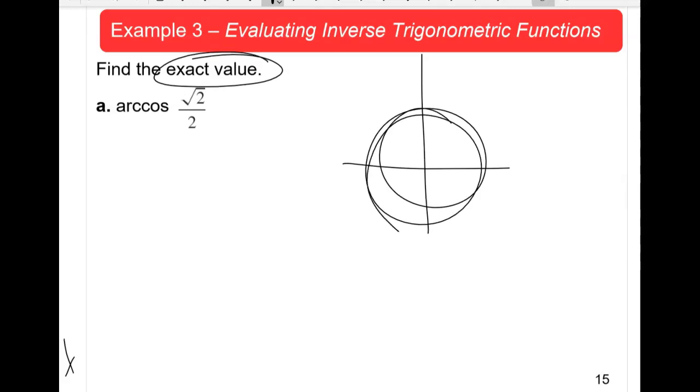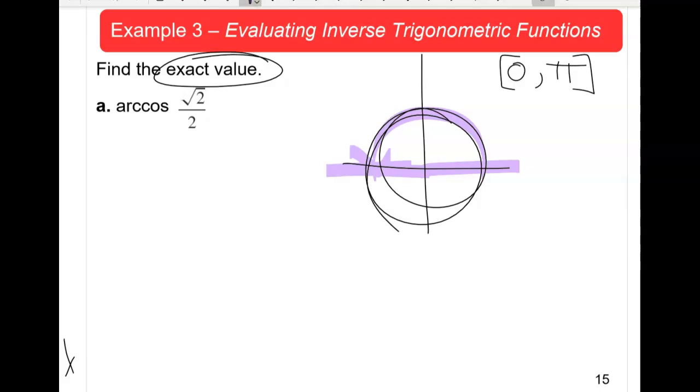And remember, cosine was restricted, not inverse cosine, but cosine was restricted from 0 to pi. And so that will occupy the first and the second quadrant.